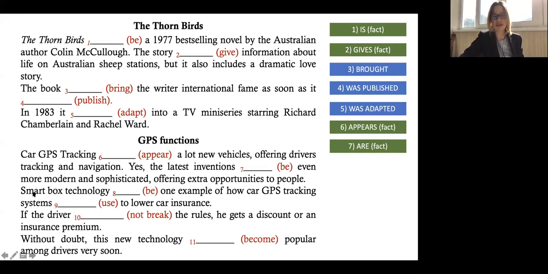And then we have gap number 8, smart box technology, and the correct answer here is, again, that the previous sentence with gap number 7 influences the choice of present indefinite tense in gap number 8. We have the meaning of a fact. Smart box technology is one example of how these car GPS tracking systems are used.